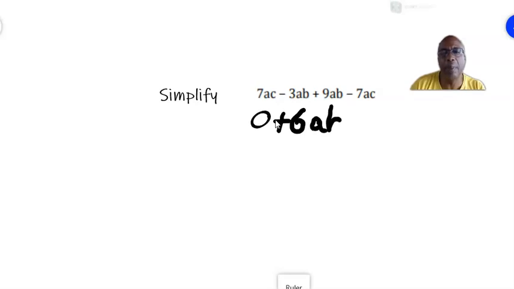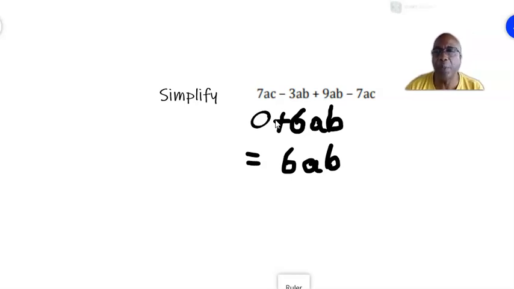Don't forget to put down the symbol. And 0 plus 6ab is just 6ab. So that is basic simplification of algebraic expressions. We'll go to more complex examples from our next video.